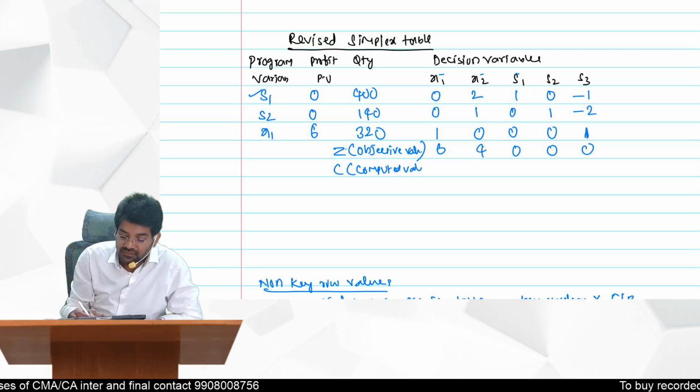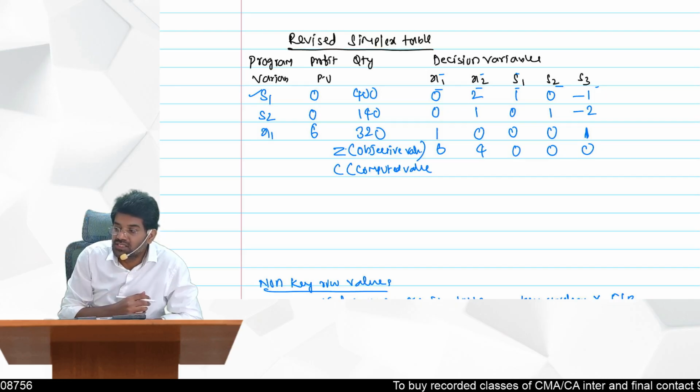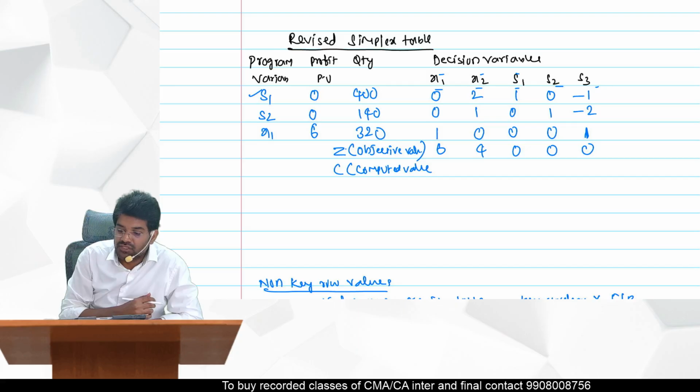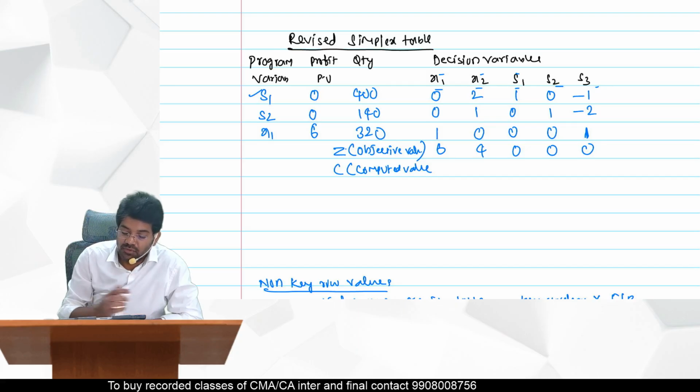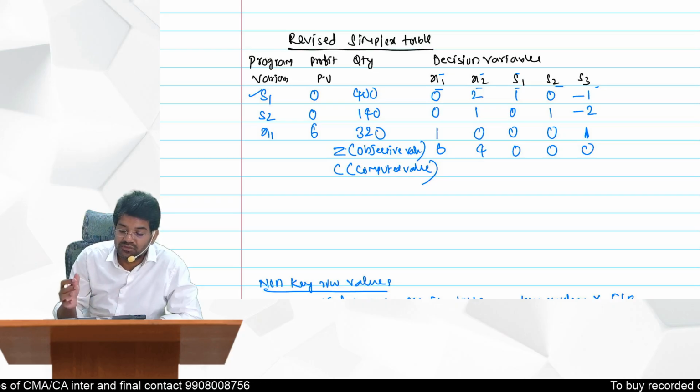If I introduce one unit of each of these variables, then what is the profit I am going to lose? Because if you introduce extra units, your profit will decrease here. So computed value, how to get? We should multiply profit per unit into x1, profit per unit into x2.